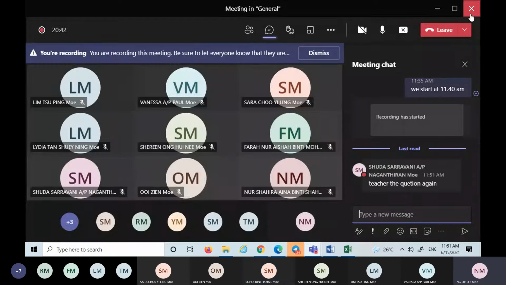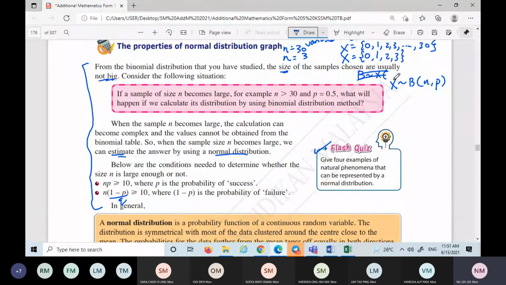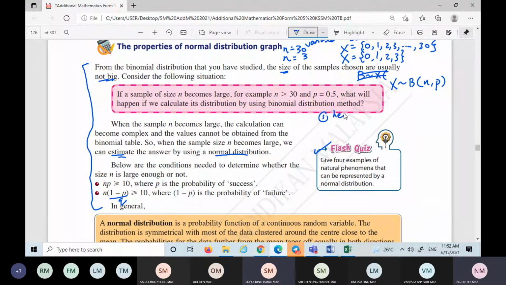Sophia, yes. Height of people. Very good. Height of people, Sophia's answer.